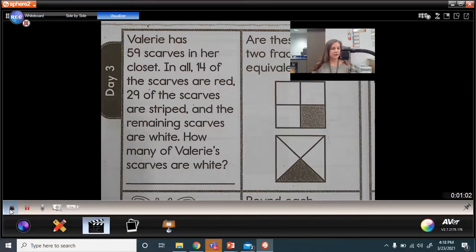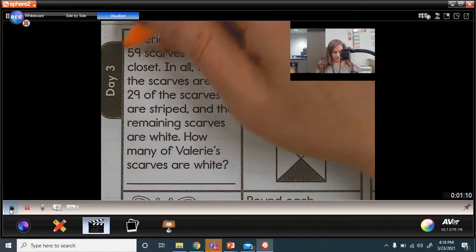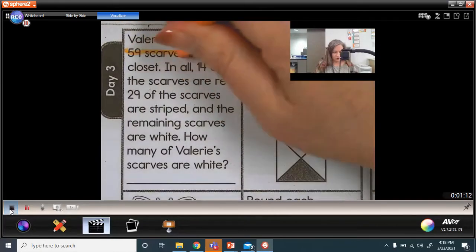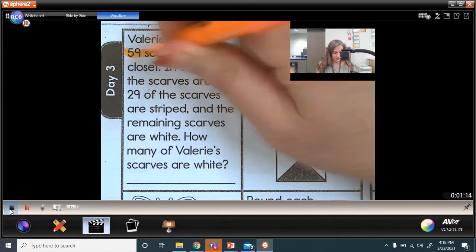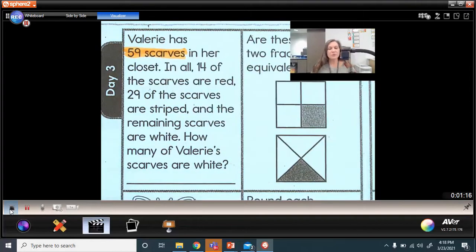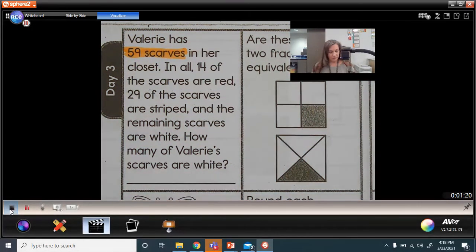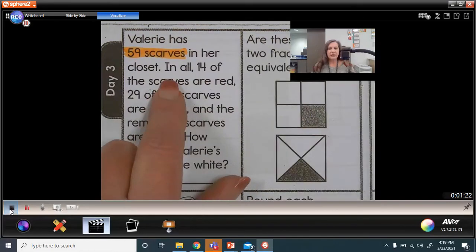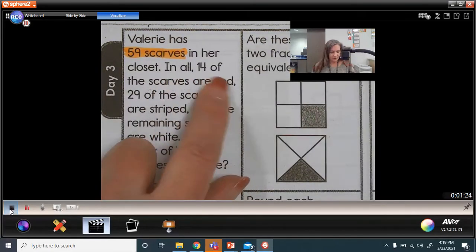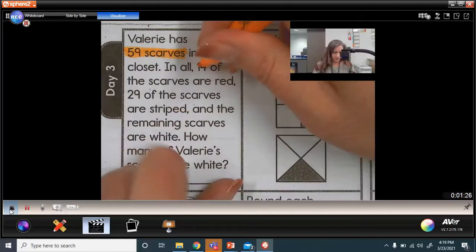So let's take a look at the information that we have in this word problem. The first piece of information we know is that Valerie has 59 scarves in her closet. Now, this tells me my total number of scarves. My next sentence tells me in all, 14 of the scarves are red.